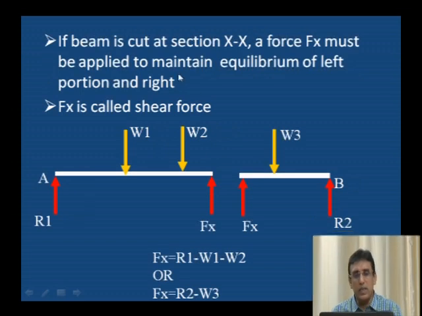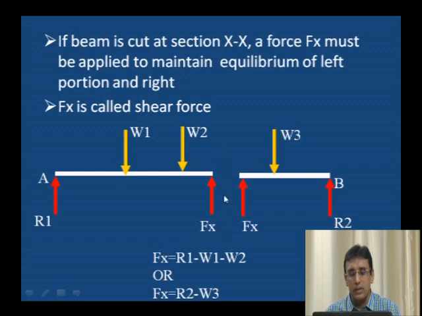Then if we cut the beam section here, for some portion, to balance this force we have to apply the Fx, that is the shear force, to maintain this in equilibrium. If you want to calculate Fx, this reaction R1 is an upward force minus the downward forces W1 and W2.